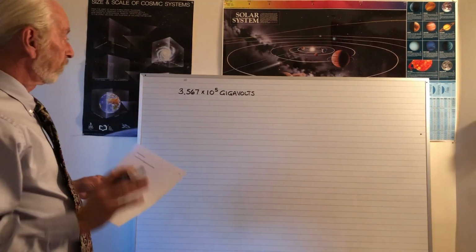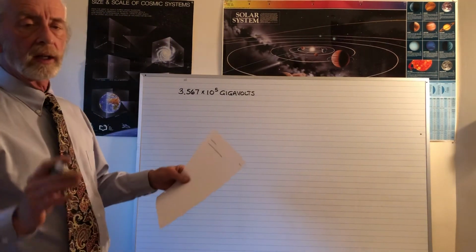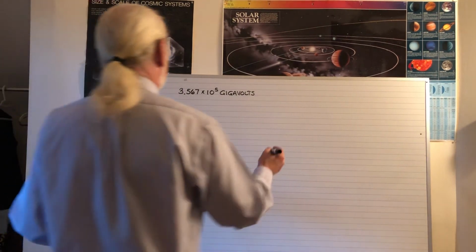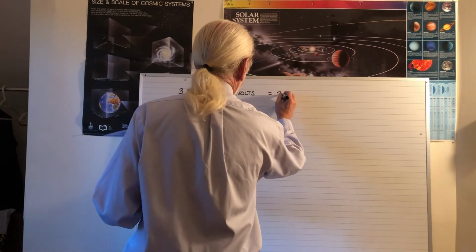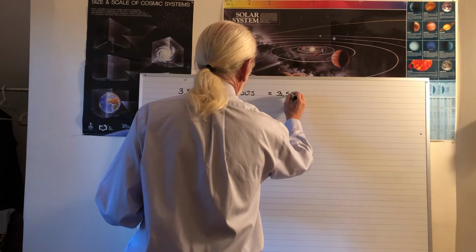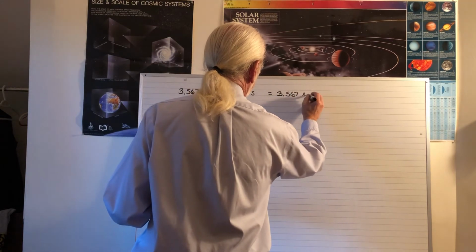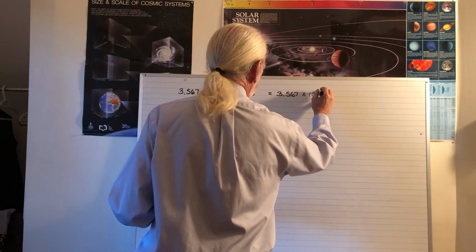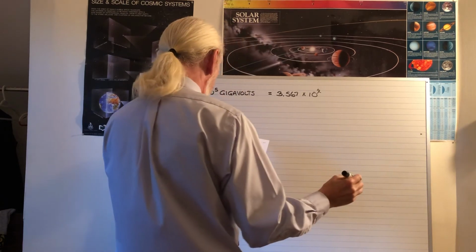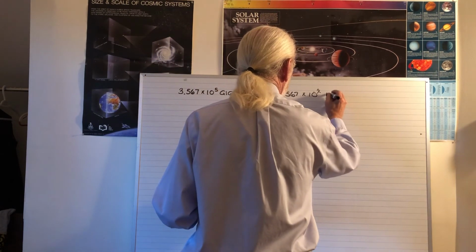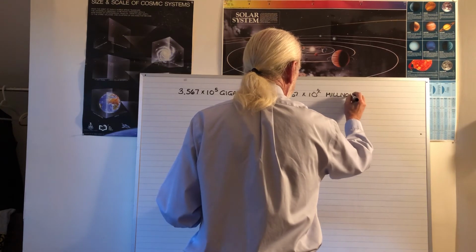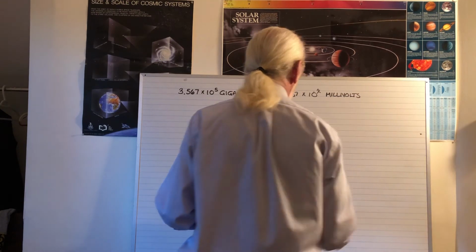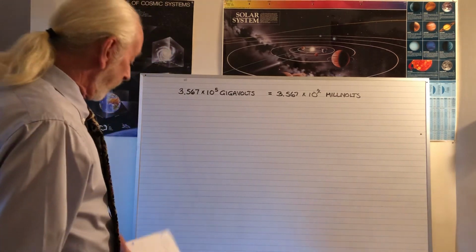Now, I'm going to set up my conversion like an equation. That's going to equal 3.567 times 10 to the I don't know millivolts. And that's the trick.